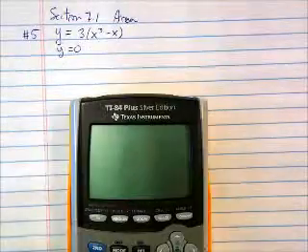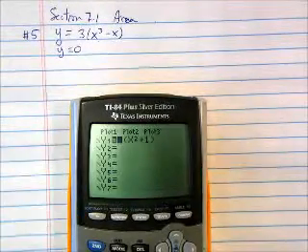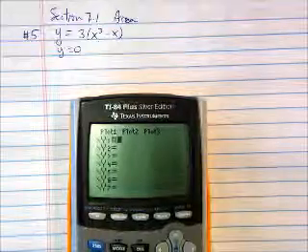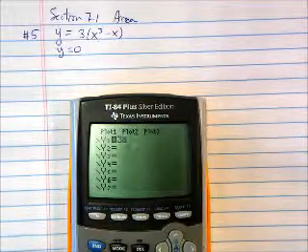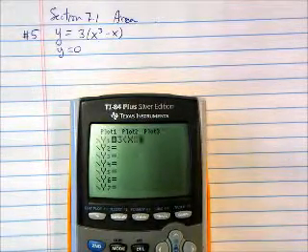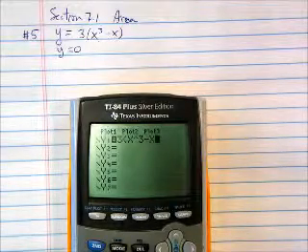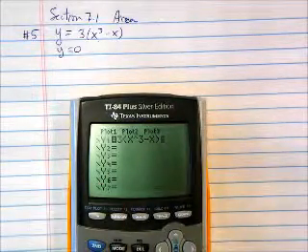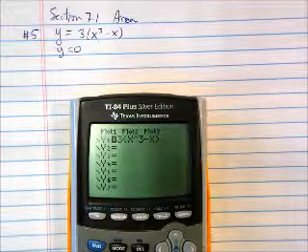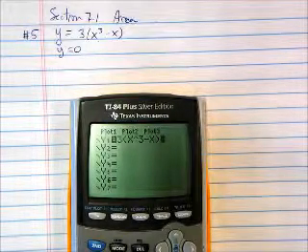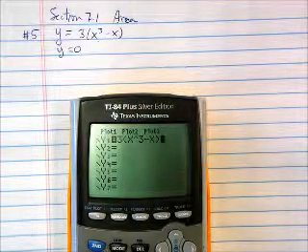Okay, section 7.1, number 5. They give us y equals 3 times x cubed minus x and y equals 0, which is a fancy way of saying the x-axis. Correct.